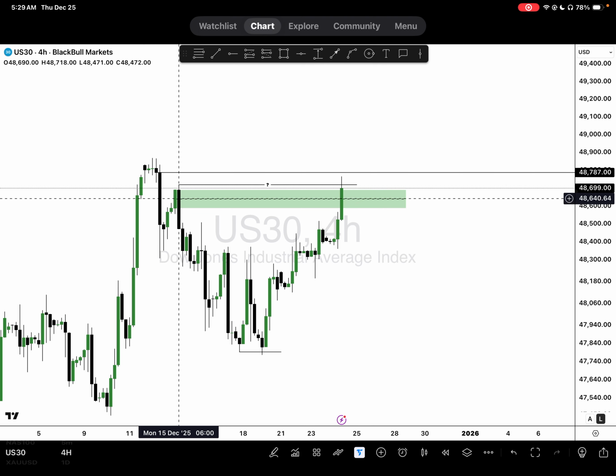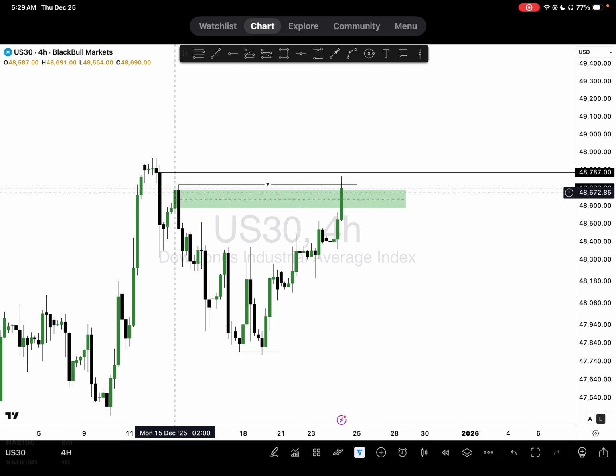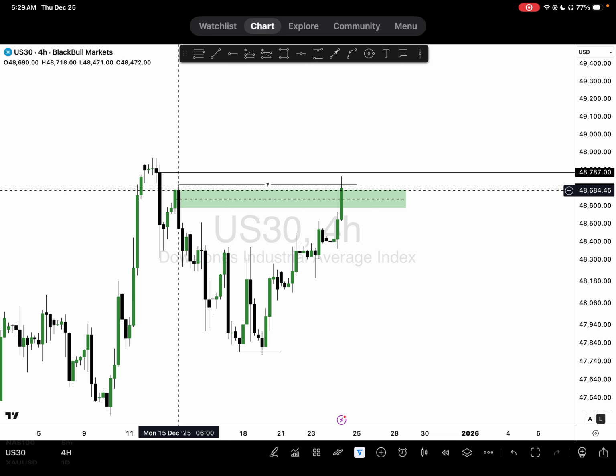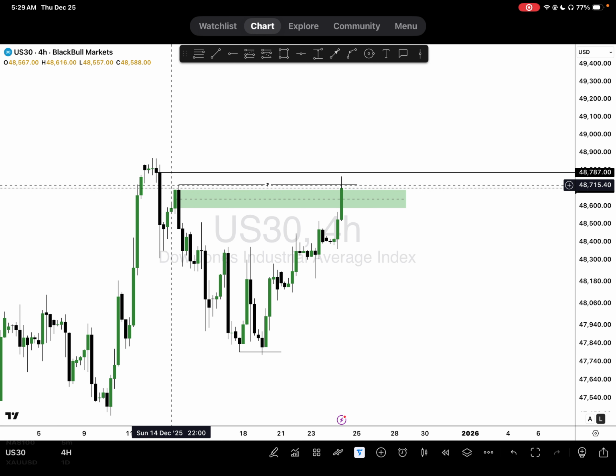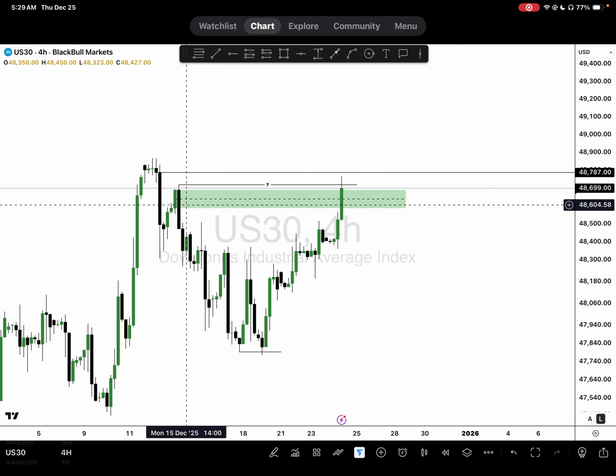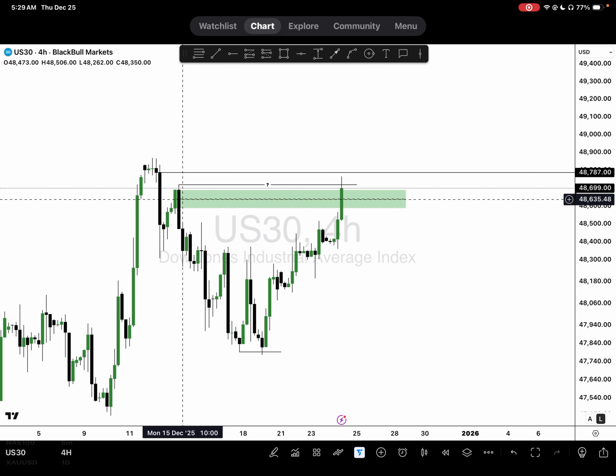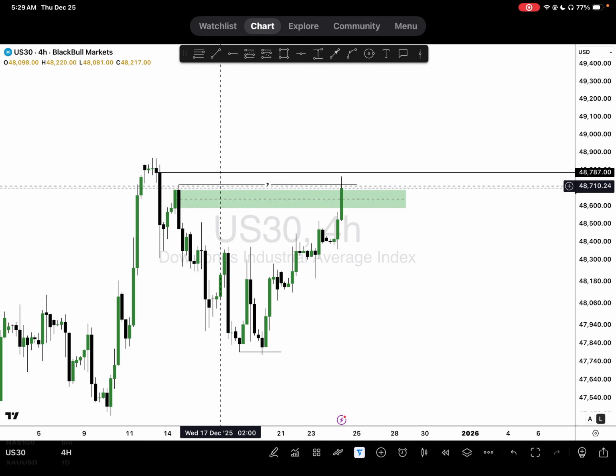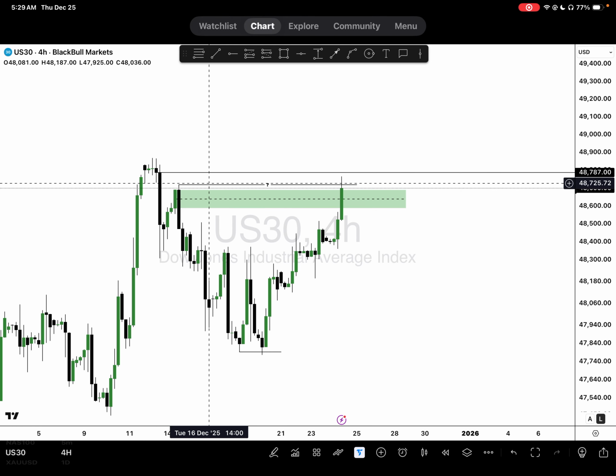I was expecting mitigation of this 4 hour sponsored candle, but really I need to stop calling them sponsored candles if I'm using them as areas of interest on the higher time frames, because that's not really what I'm looking for. So I used this area of interest and I refined it down to a specific candle, and that candle did give a valid response, but it wasn't the candle because price decided to draw higher.